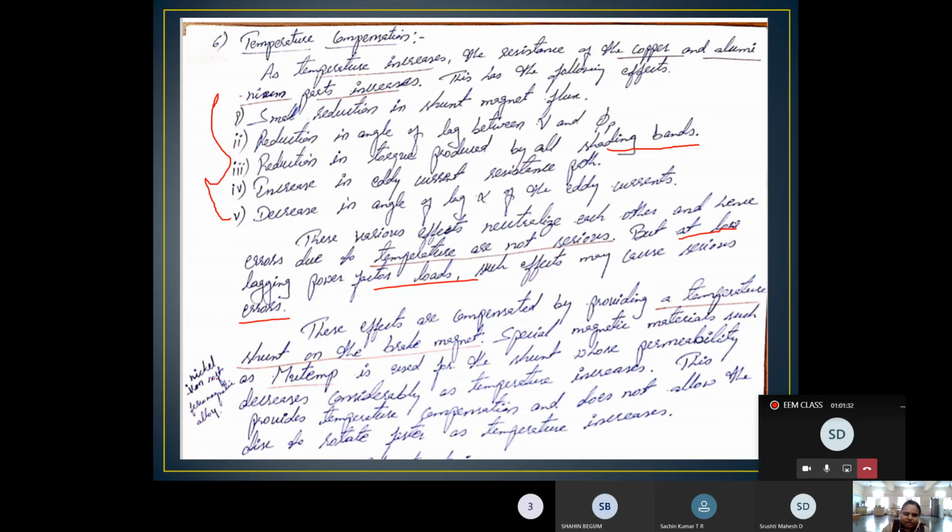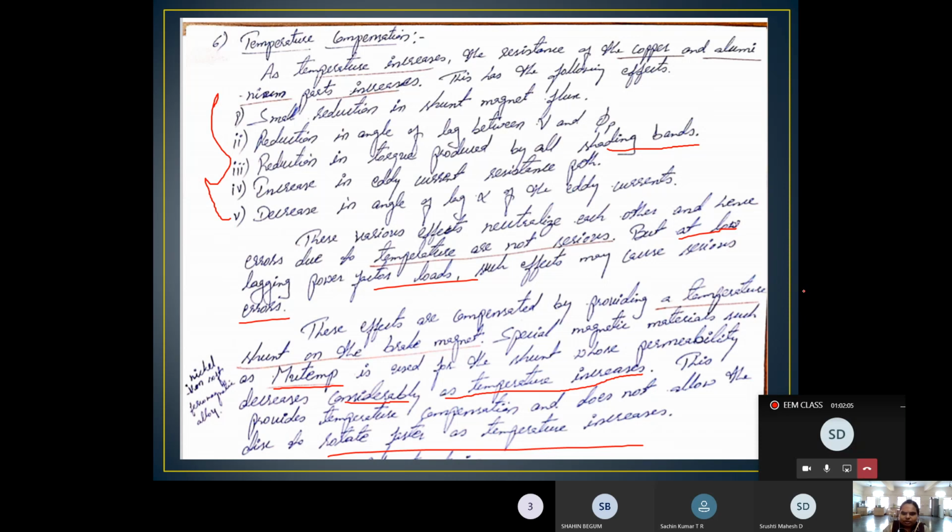The construction material used for the shunt is one whose permeability decreases considerably as temperature increases. That is the importance of this material. This provides temperature compensation and does not allow the disc to rotate faster as temperature increases. This is about temperature compensation.